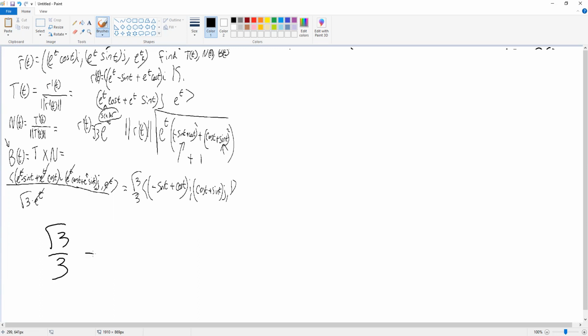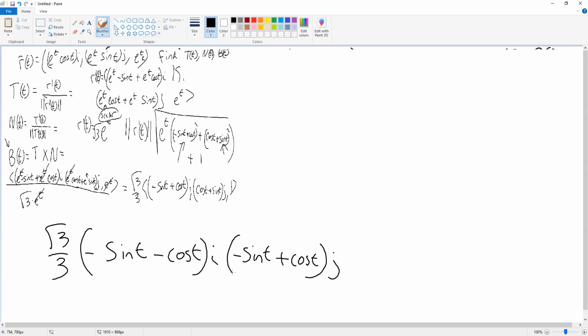Negative sine t, plus, minus cosine t, and that's going to be the i. And that is going to be negative sine t cosine plus cosine, that's 0. Good job.